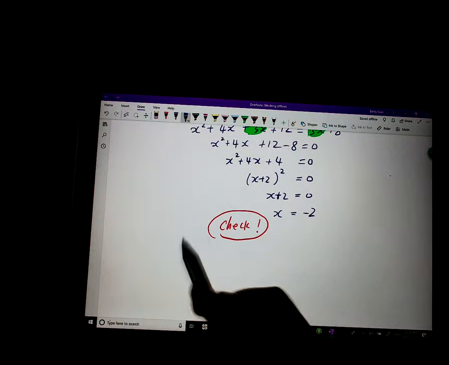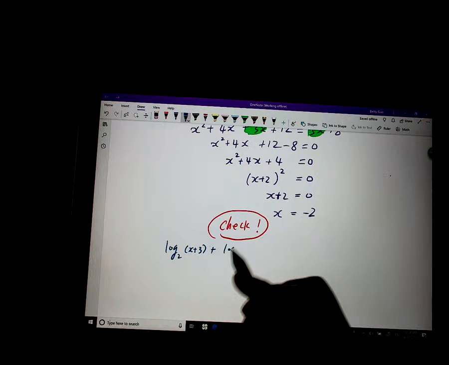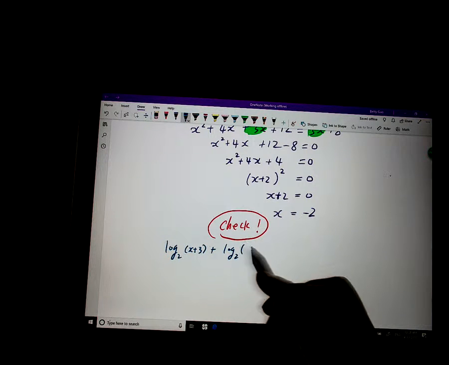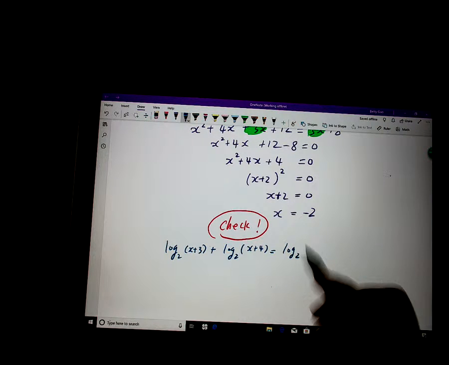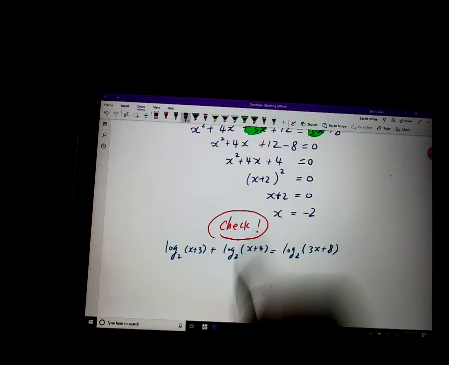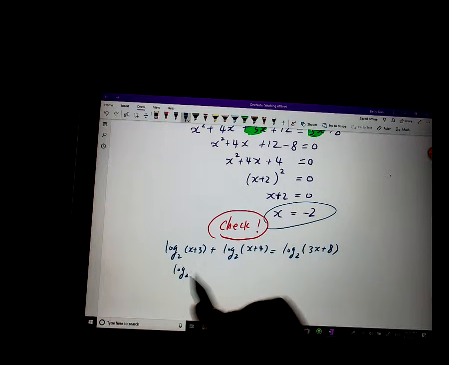Let me change the color. log base 2 of x plus 3 plus log base 2 of x plus 4 equals log base 2 of 3x plus 8. Let's plug in x equals -2. We have log with base 2 of -2 plus 3.